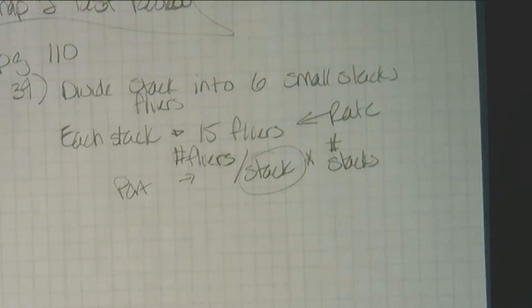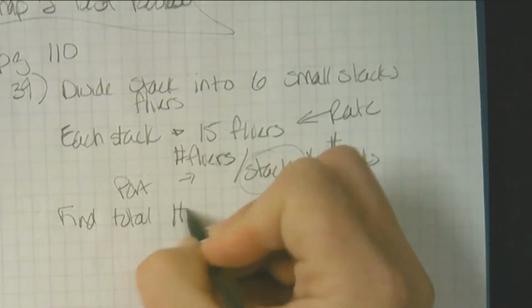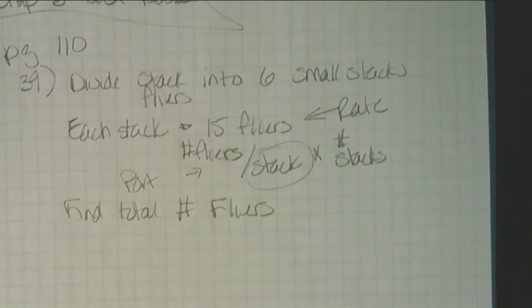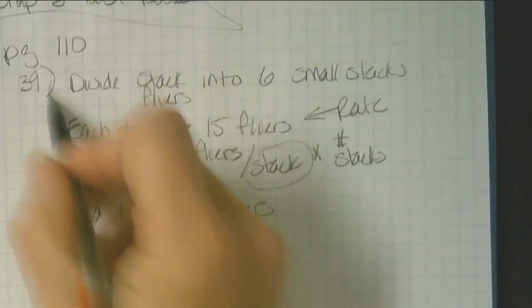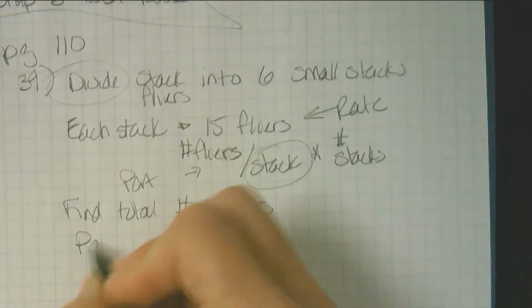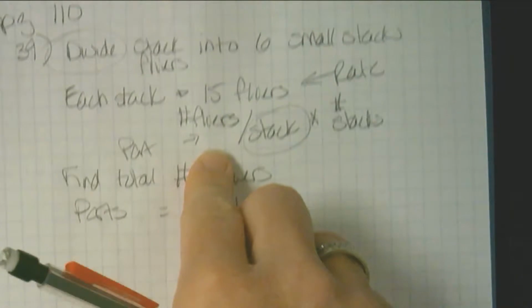You guys cool with me so far? Okay. So then it says, what is the total number of flyers? I recognize you have divided into. Don't let that throw you off. Pay attention to your parts equal to your whole. Always take a look for a rate. When I look at my parts equal to my whole, I know my rate is one of my parts.